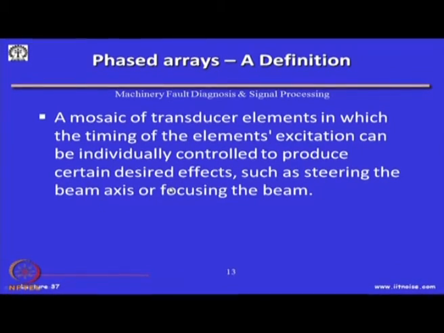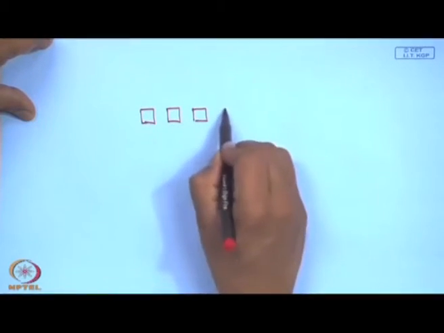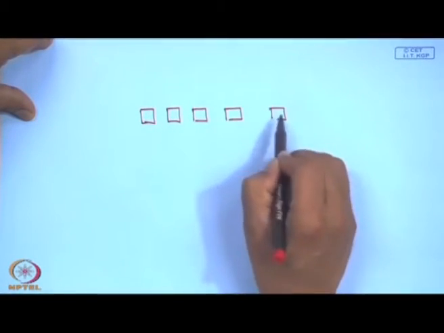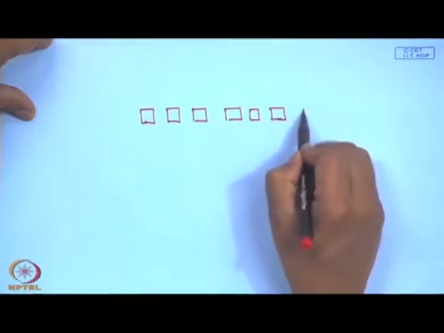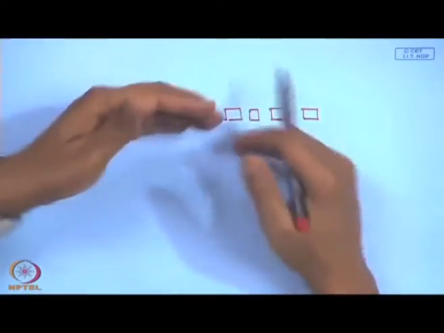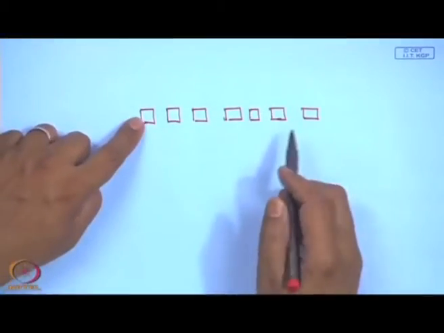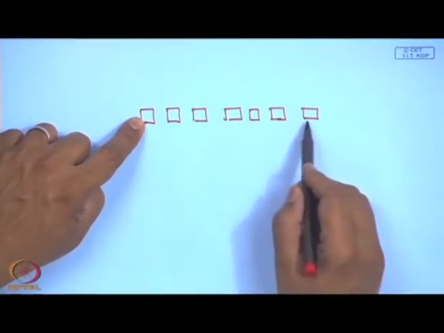So, through electronic timing of these piezoelectric crystals, which are equally spaced, I can excite them all in one go, so all of them generate ultrasonic waves, or I can excite this one earlier than this one.